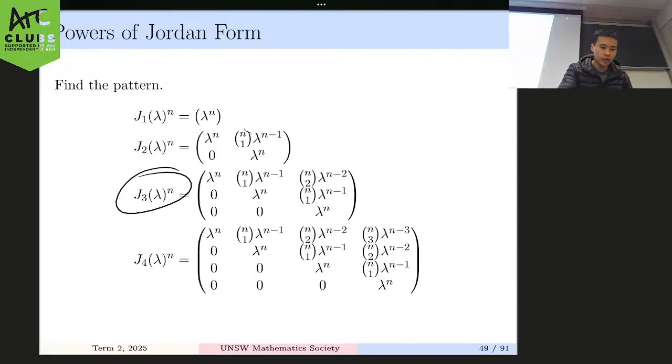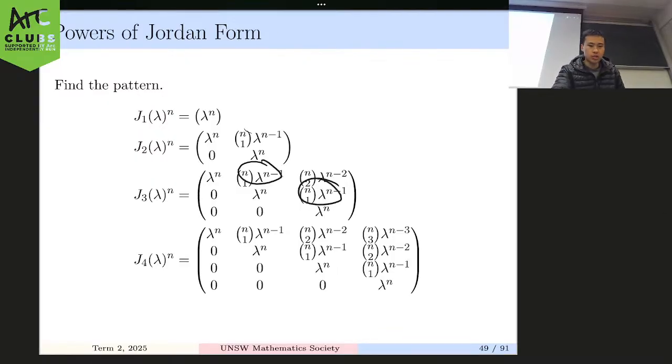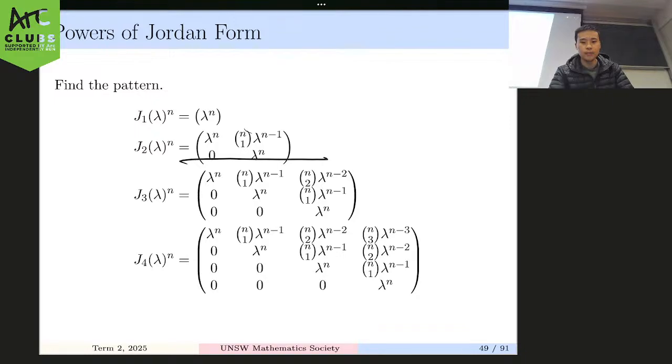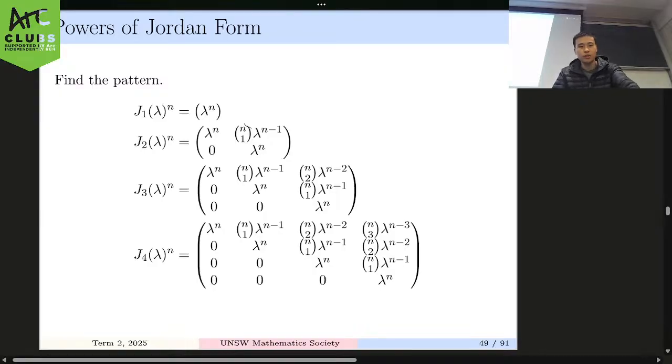And similarly for the 3 by 3 case, you get these ones here, but that's n choose 2 on there as well. I'm kind of envisioning this as a slanted Pascal's triangle sort of thing. I don't know if that's where it's actually meant to come from, but that's my intuition behind it.